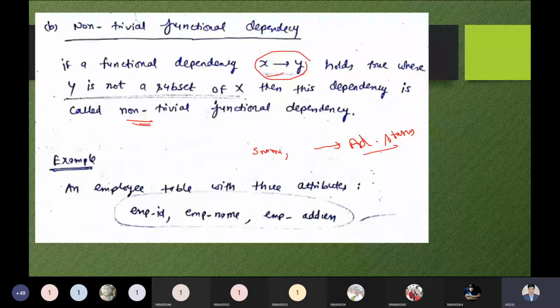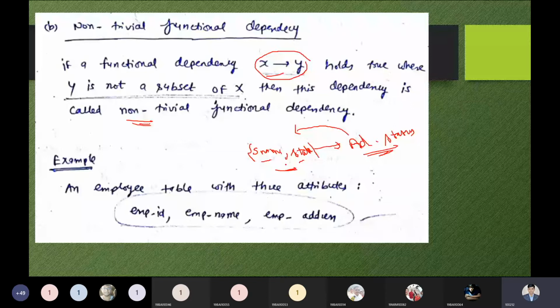Suppose we have some offer specific to the state for students. So student name and student state are attributes of a relation student, suppose, and his or her admission status depends on the student name and state. We can agree it depends, but this attribute is not a part of this set of attributes. Such a functional dependency is known as a non-trivial functional dependency. So this is a simple example.